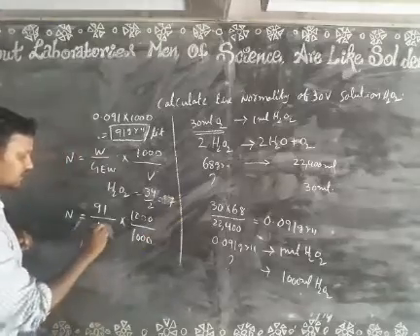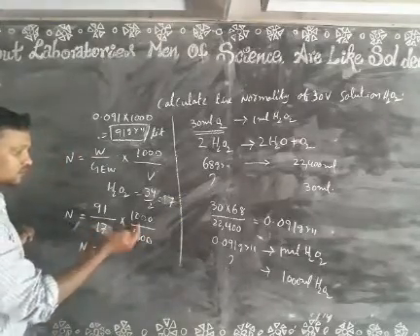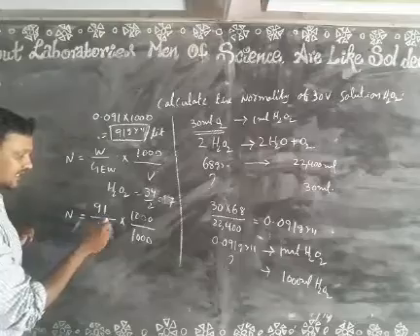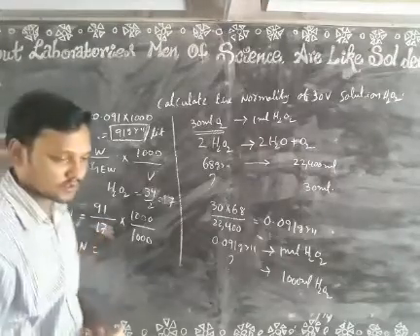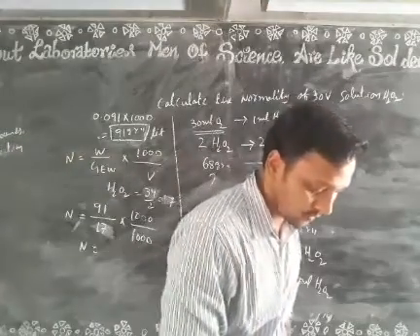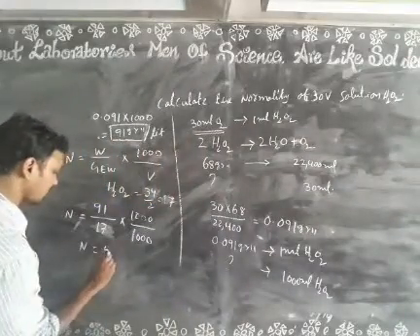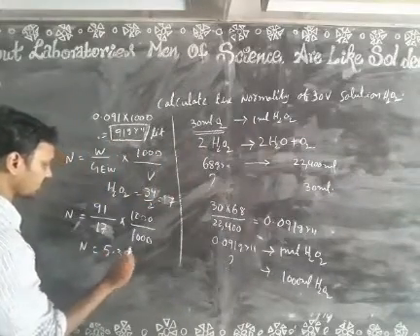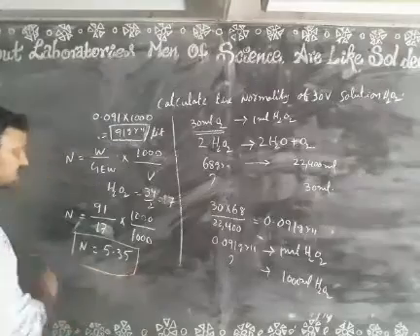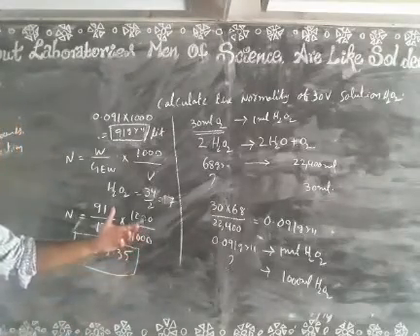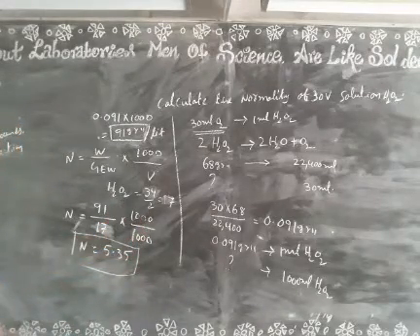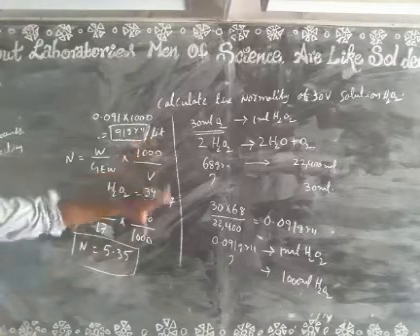So you can write 91 by 17 into 1000 by 1000. 91 by 17 is 5.35. So this is the normality of the solution. Like this, we can calculate any given normality. You have to follow this method.